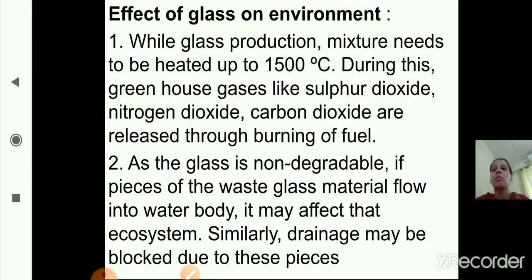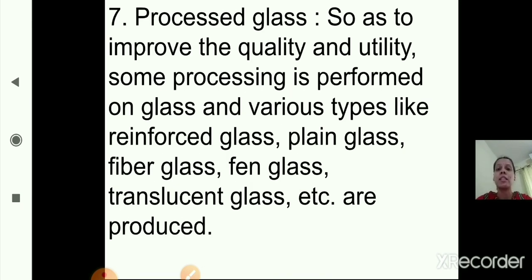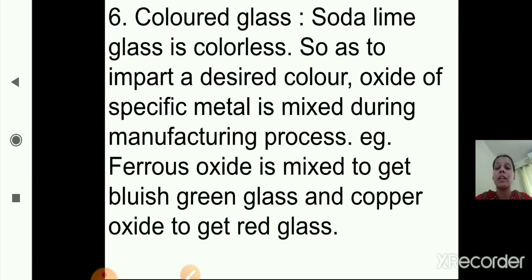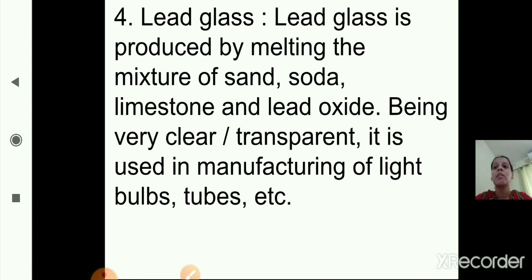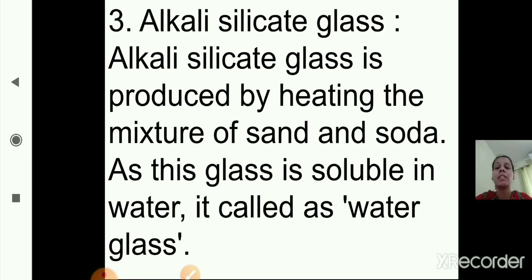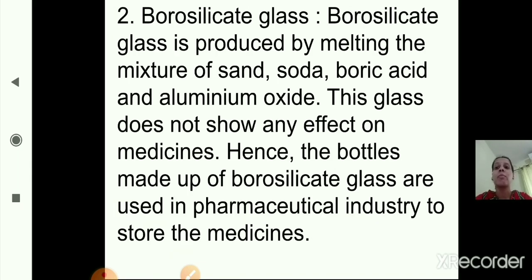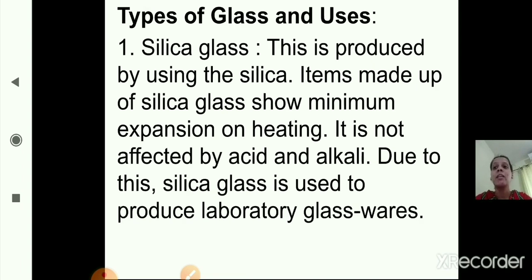So these are the different types of glasses we have seen and their uses. Once again we will read out the names. Seventh one is processed glass, sixth one is colored glass, fifth one is optical glass, fourth one is lead glass, third one is alkali silicate glass, then borosilicate glass and silica glass.